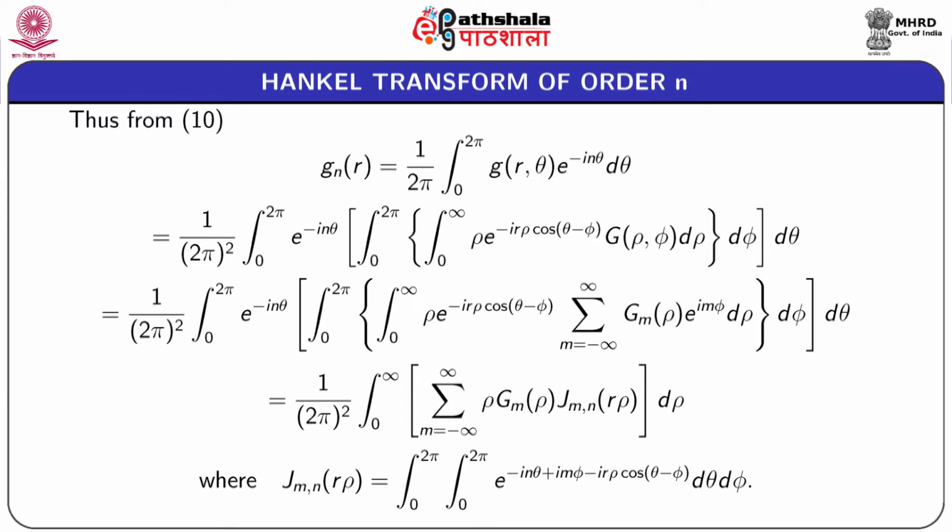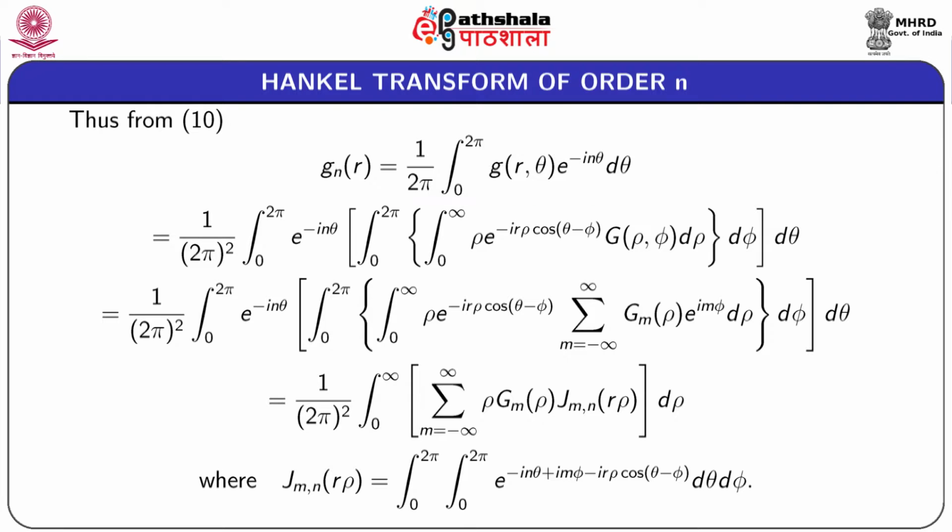Now, from equation 10, where we have expanded small g r theta, the coefficient g n r is equal to 1 by 2 pi integral 0 to 2 pi small g r theta e to the power minus I n theta d theta.